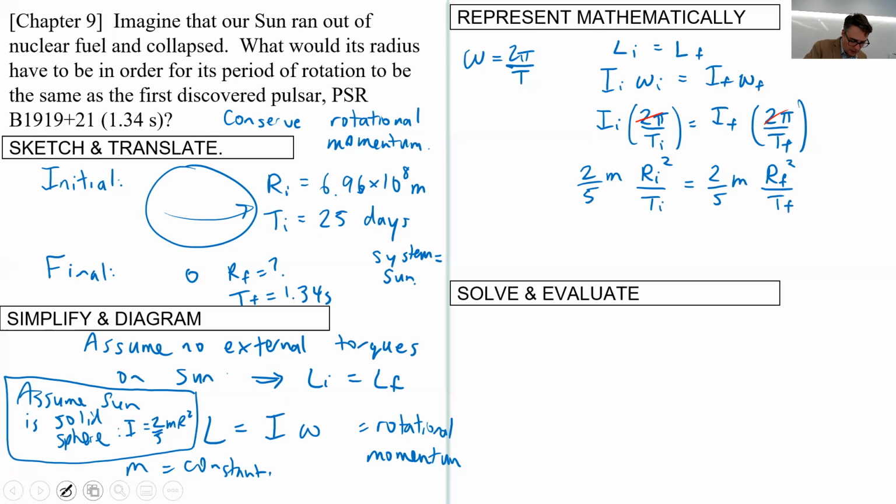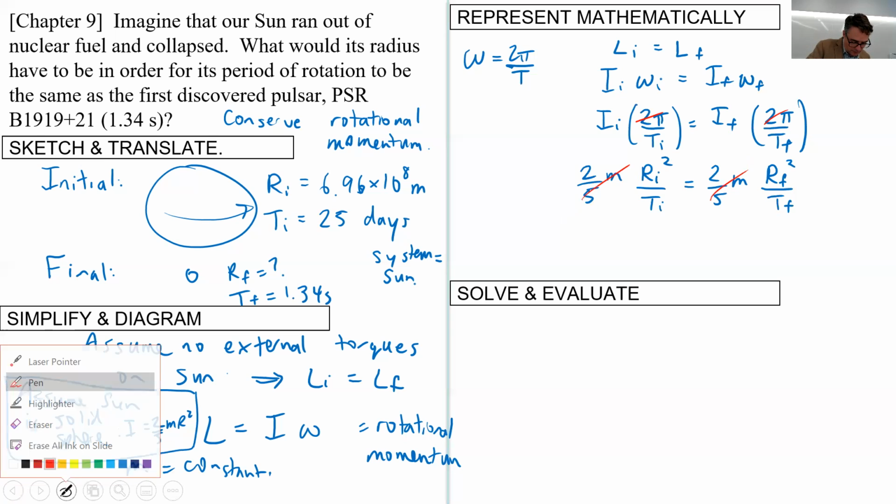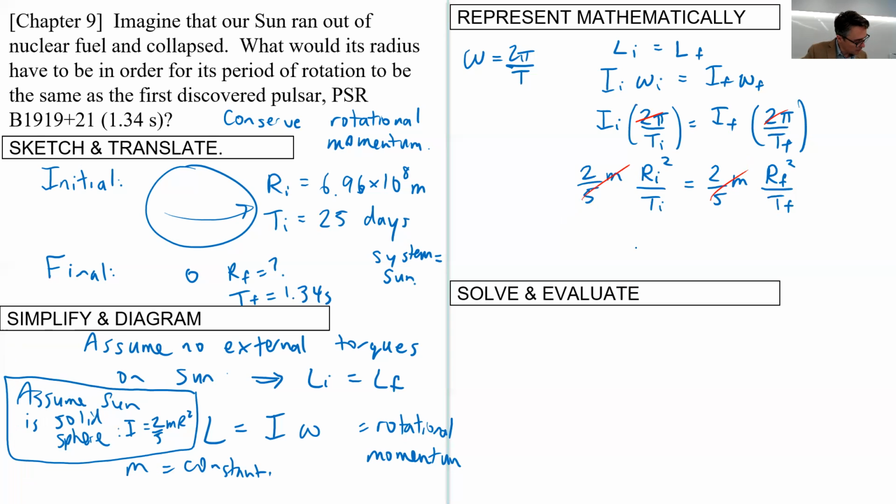Again, we can divide both sides by a constant. The mass is the same as it shrinks, is the assumption there, and the 2/5 goes away. So we can rearrange and solve for R final. R final is equal to R initial times the square root of T final divided by T initial.